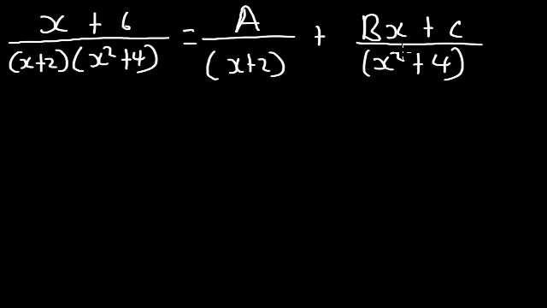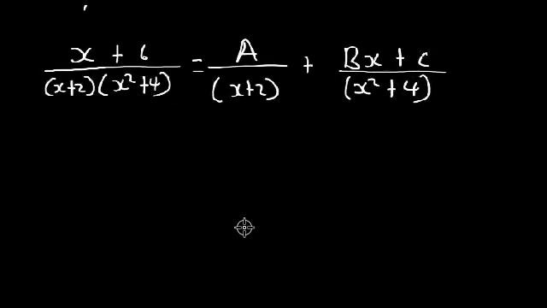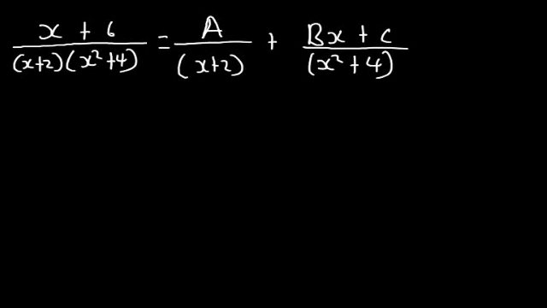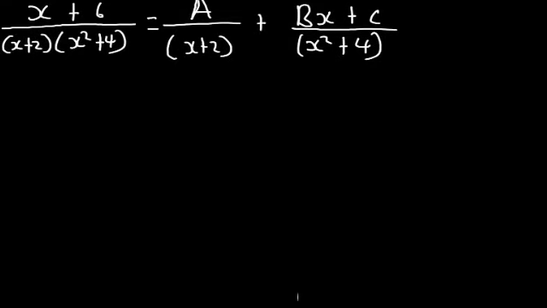Having done this, the next process is similar to that of linear. We just need to multiply each term by what we see right here. So let me reduce the terms so it can be easy for us to multiply. Perfect. Now I'm multiplying everything by x plus 2 and x squared plus 4.